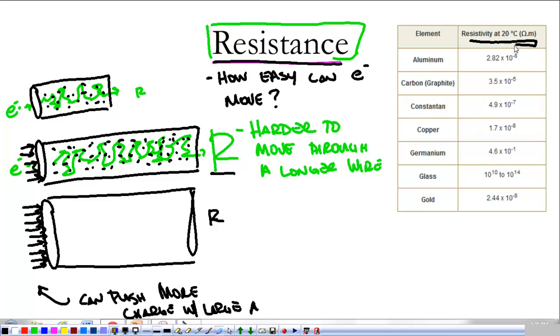So that brings us to the idea of resistivity. Resistivity is a measure of how much stuff is in the way. How much stuff is in the way of moving charges?